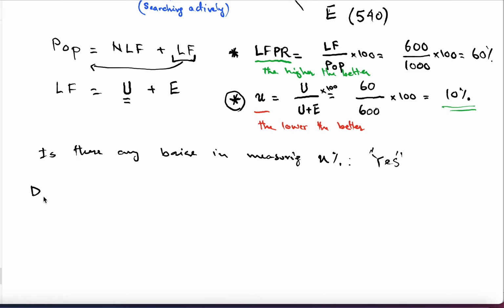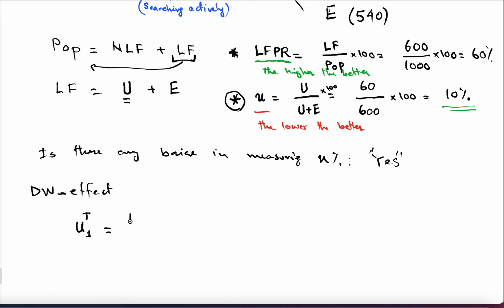If we have discouraged workers, it actually suddenly shows that the unemployment rate is this much, 10%. But the true unemployment in case 1, the one with the discouraged worker effect, we have to give back that discouraged worker.